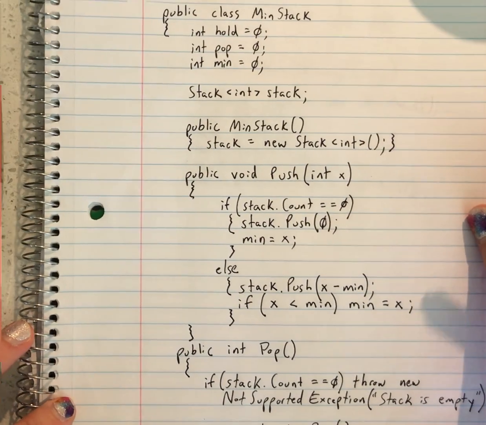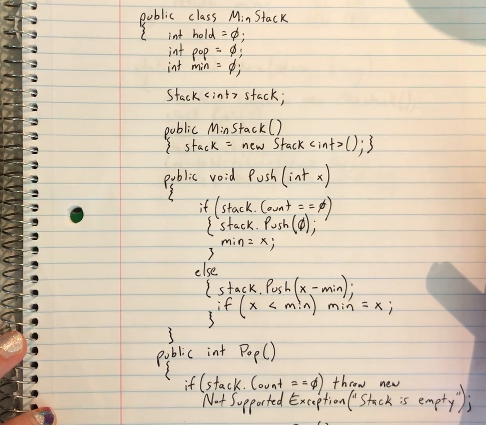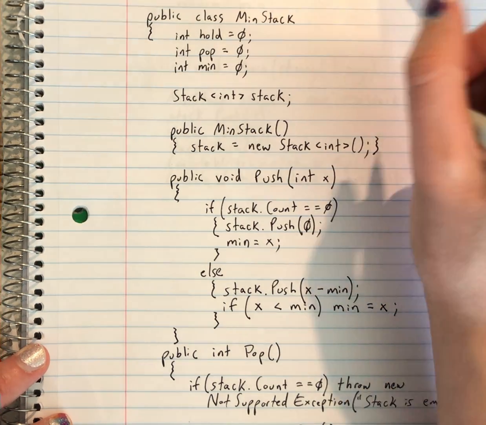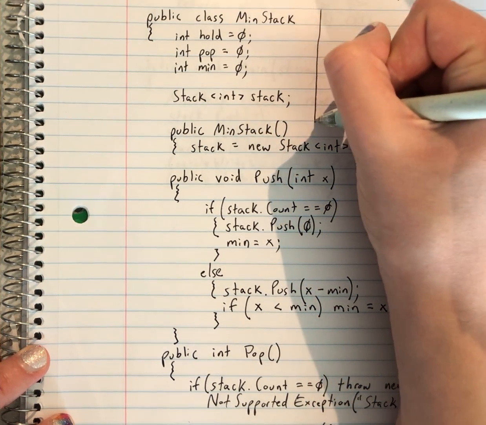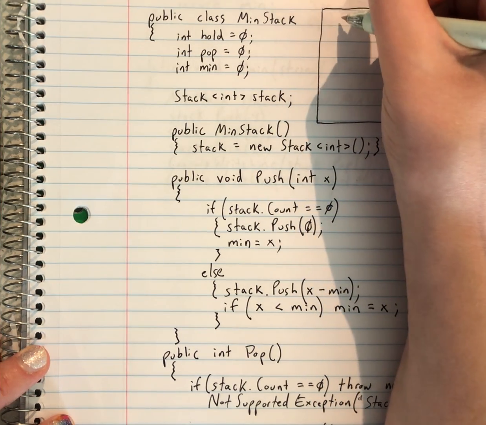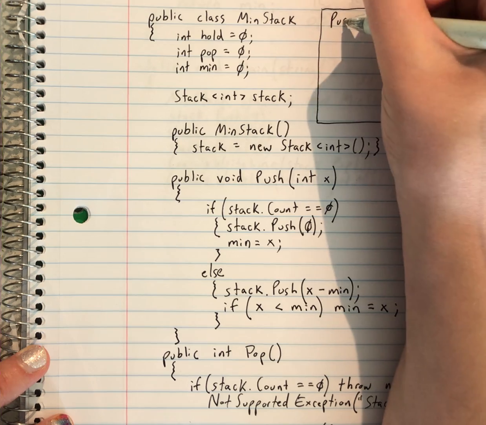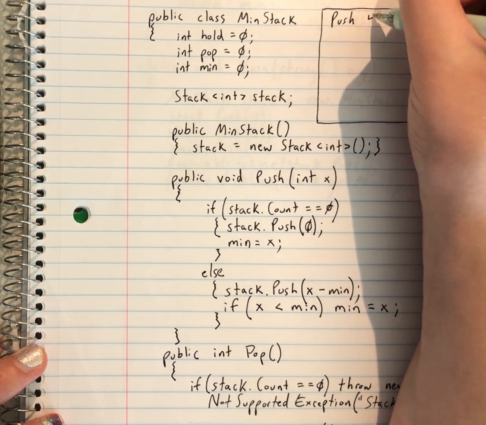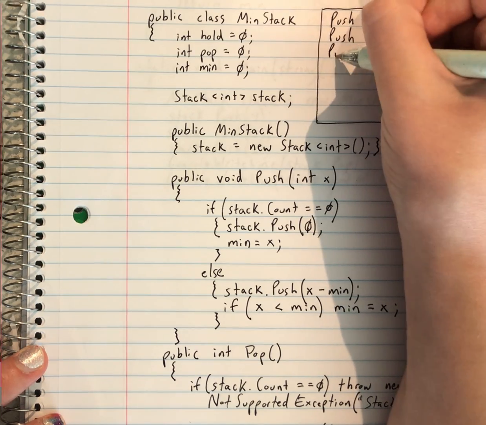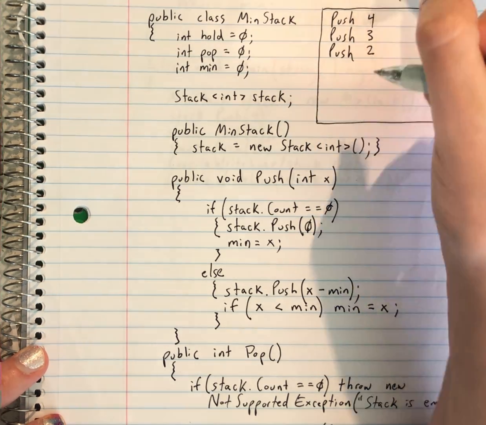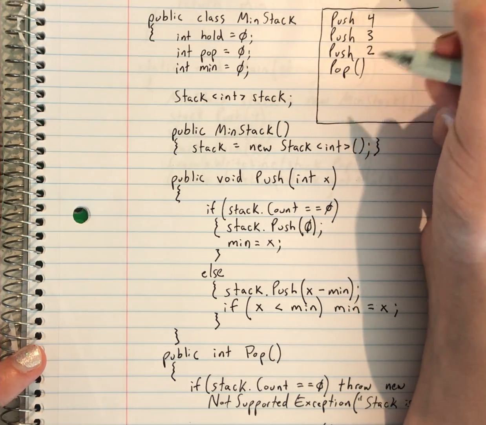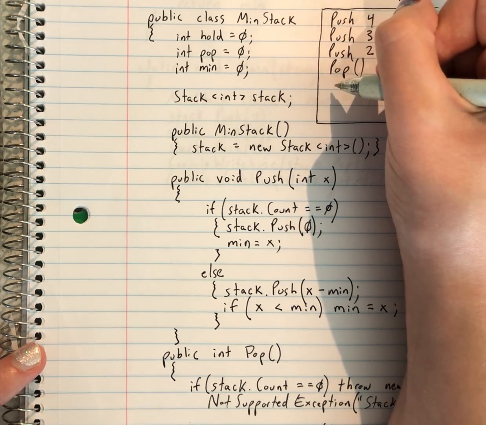So, just as a quick note to ourselves about the driver code that we wrote, we're pushing 4, pushing 3, pushing 2, popping, and then we are getting the min.